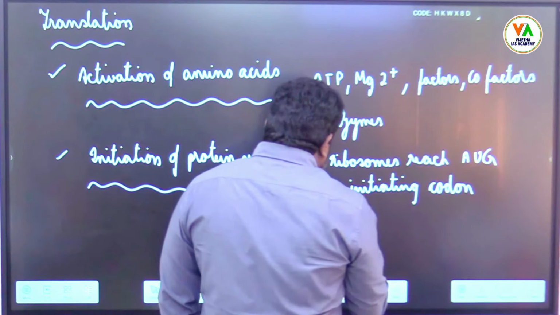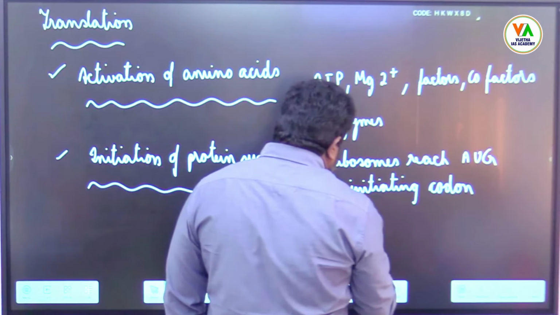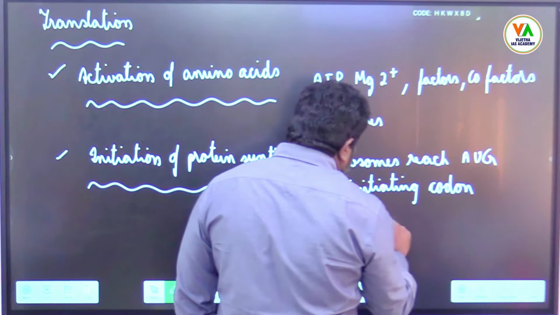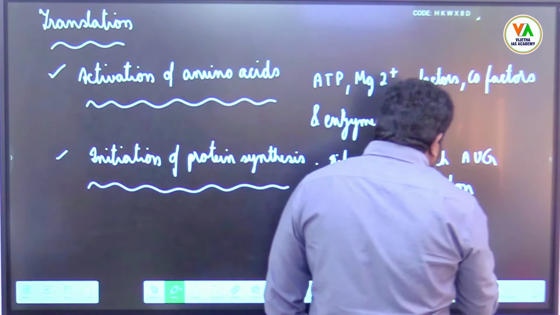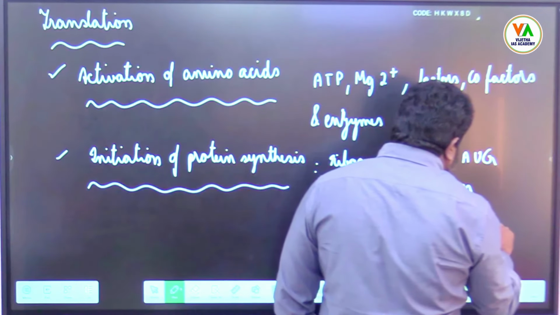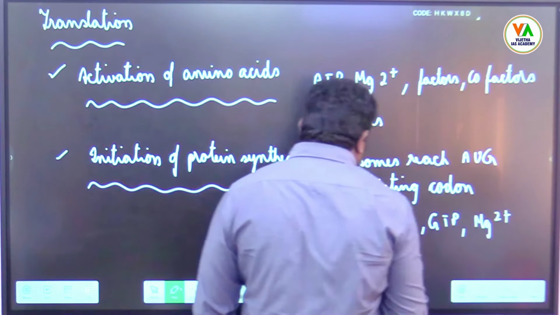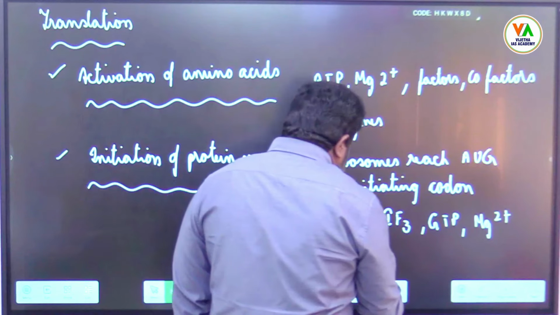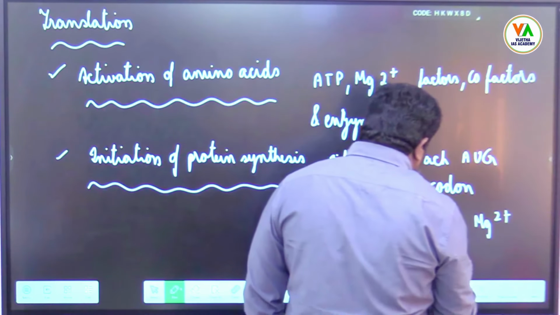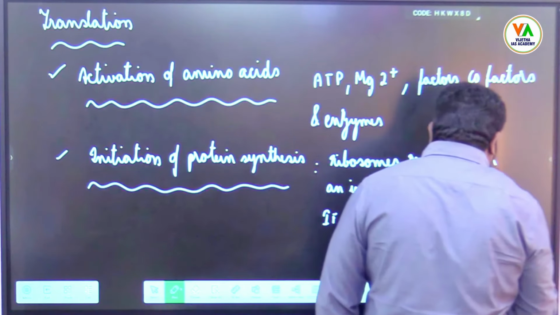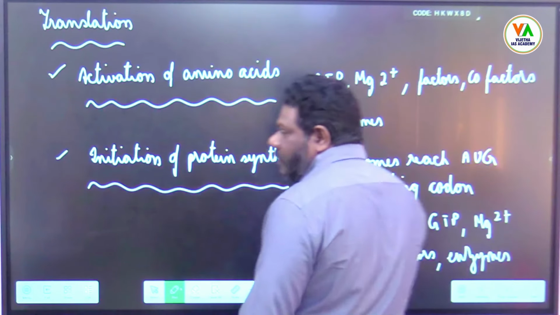Here initiation factor 1, initiation factor 2, initiation factor 3, GTP, Mg2+, again several enzymes, factors and cofactors play an important role. Right till here?